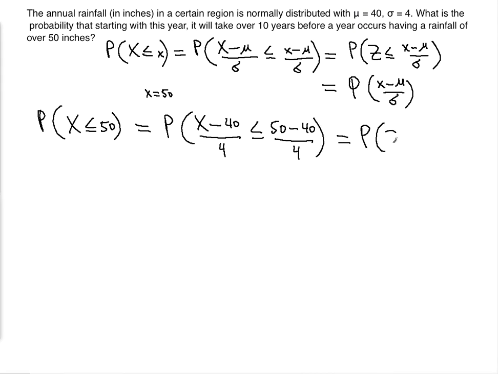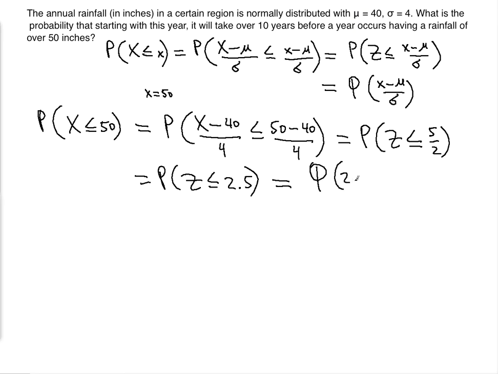That is equal to the probability that Z is less than or equal to 10 over 4, which is 5 over 2, which is 2.5. So basically this means that we need to find the phi of 2.5.